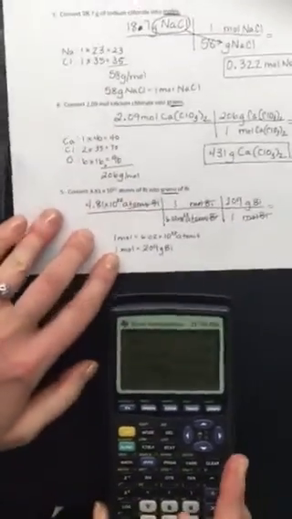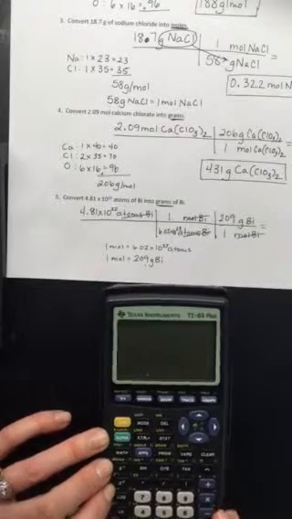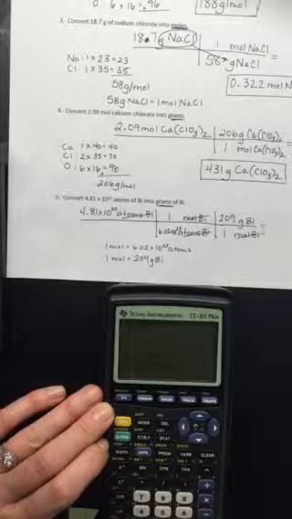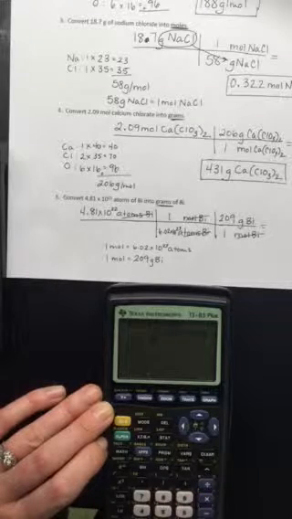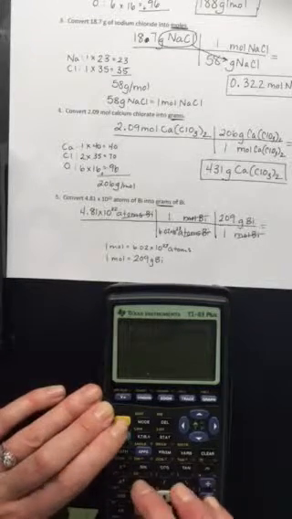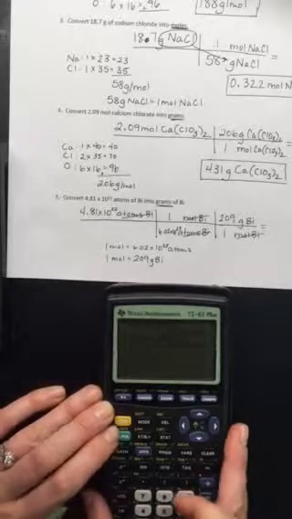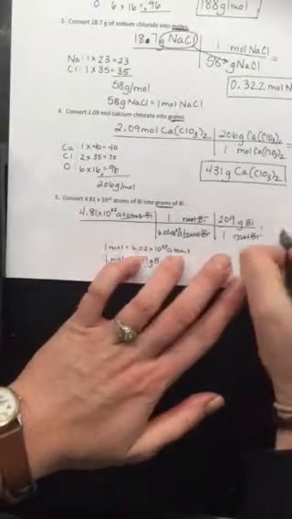Okay, so with our calculator, we'll take 4.81, exponent button, 22 times 209, and then we're going to divide that by 6.02, exponent 23, and we should get 16.7 grams of bismuth.